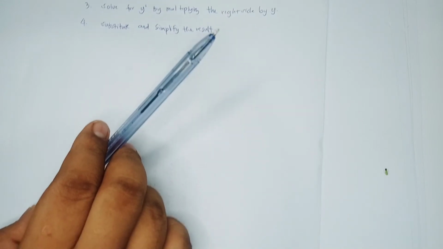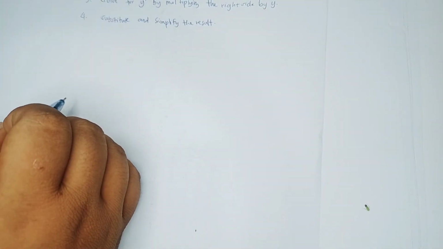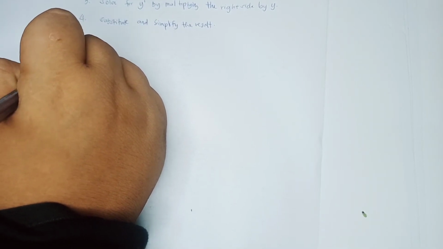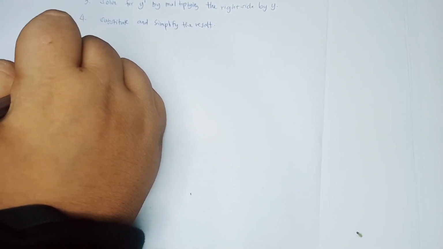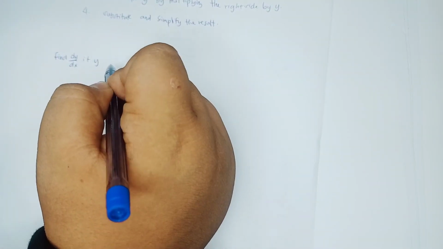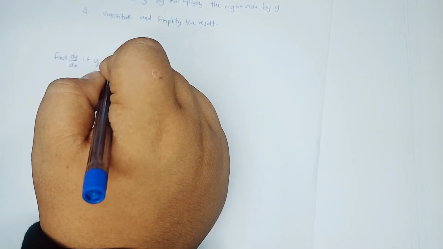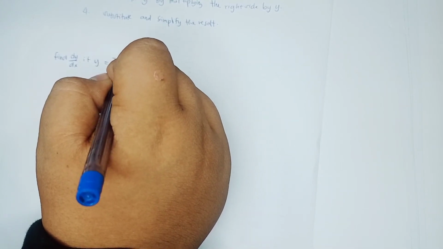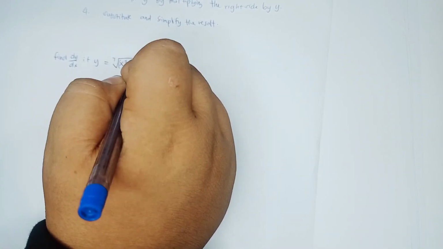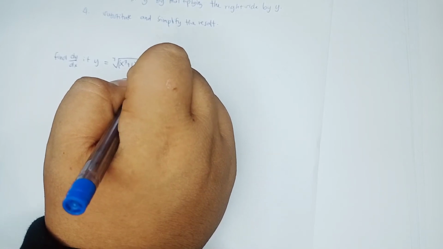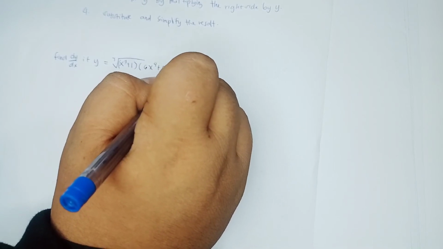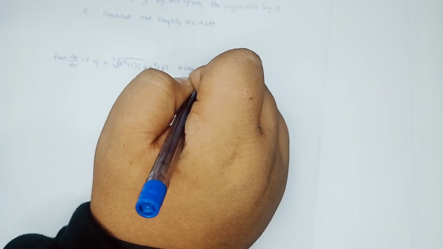I have here an equation where we have to find dy with respect to x if y is equal to the 7th root of x raised to 3 plus 1 times 6x raised to 4 plus 8, using logarithmic differentiation.